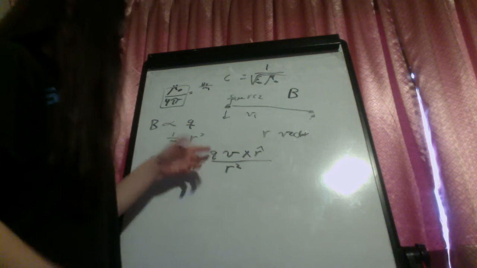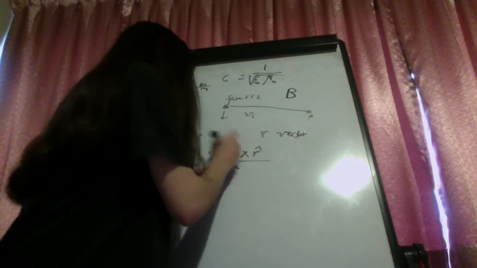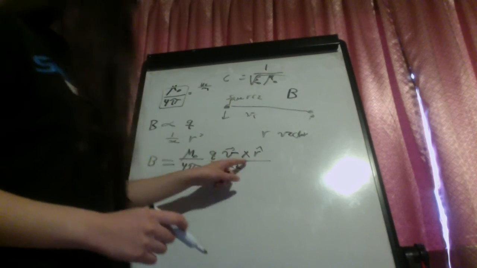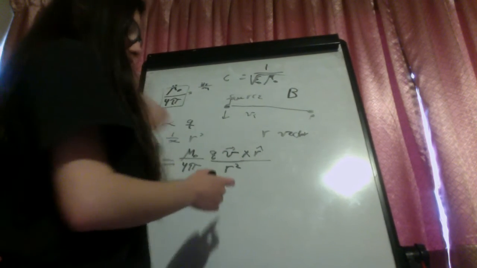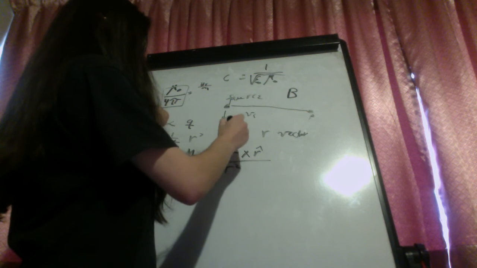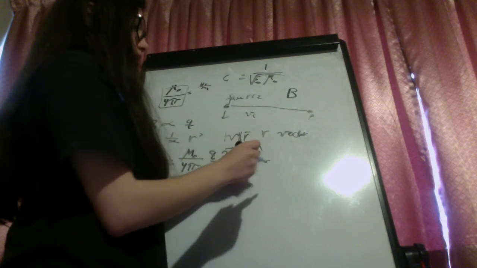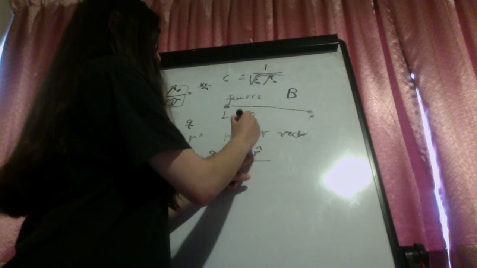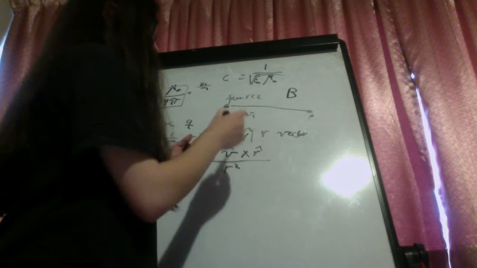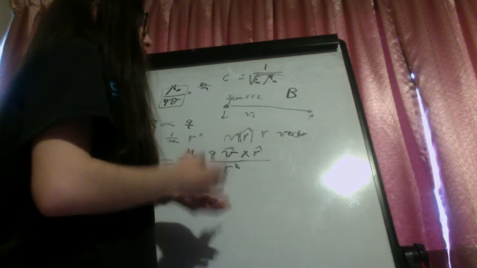The charge is not a vector, so I use it with the velocity. So this cross product is the same as the magnitude of the velocity times the magnitude of the unit vector r. The magnitude is just 1, but we put it this way because we want to indicate that it's perpendicular.